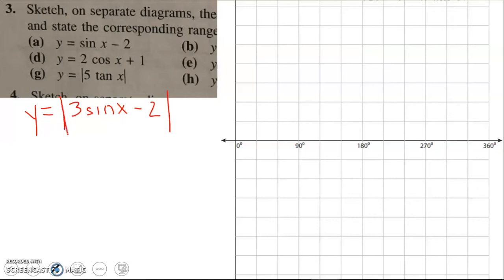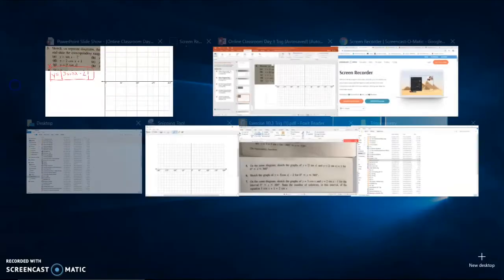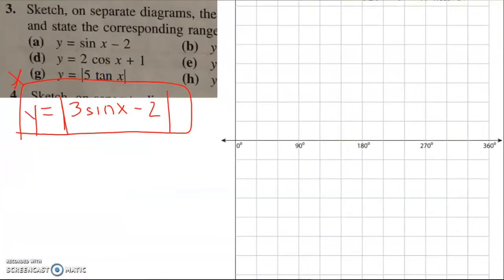Now here's how we're going to do this. We're going to hold on to this, and we're going to graph this first without absolute value. So what I mean by that, we're going to rewrite this as 3 sine x minus 2.